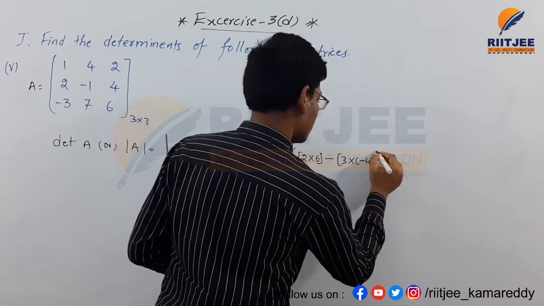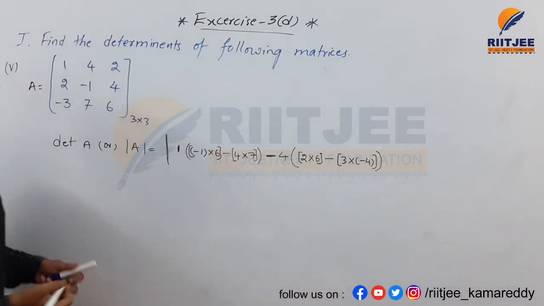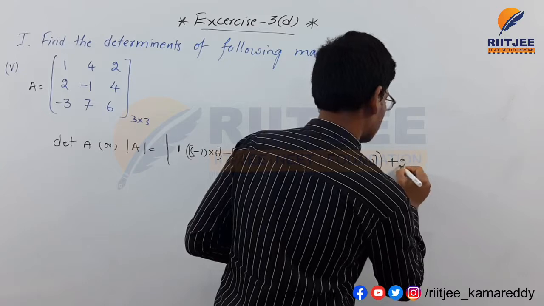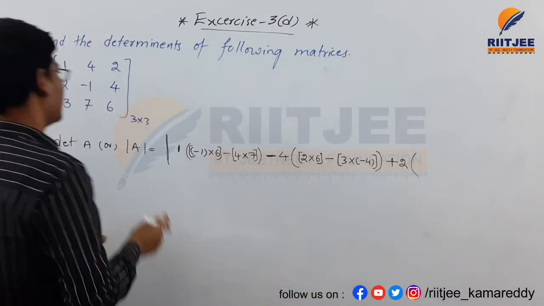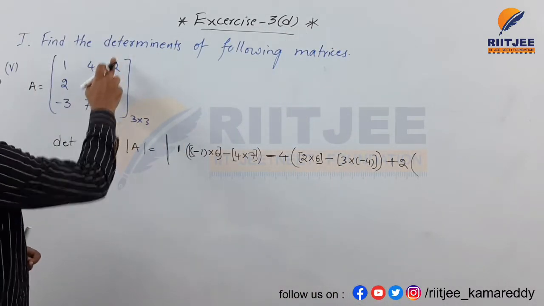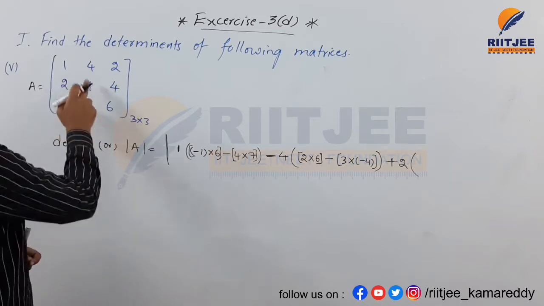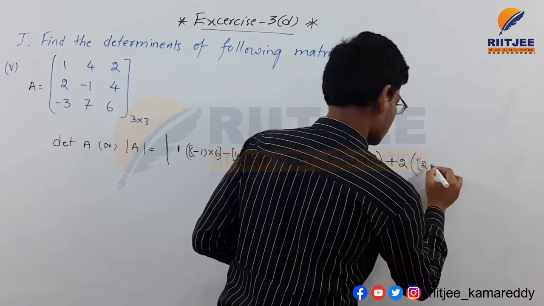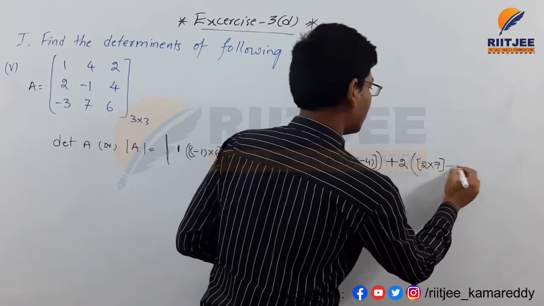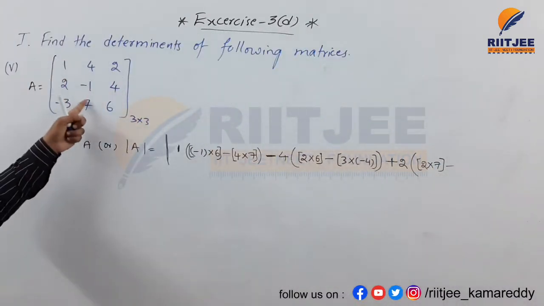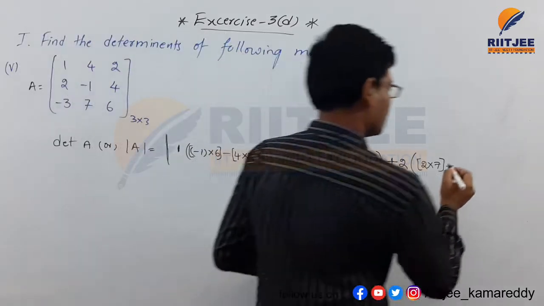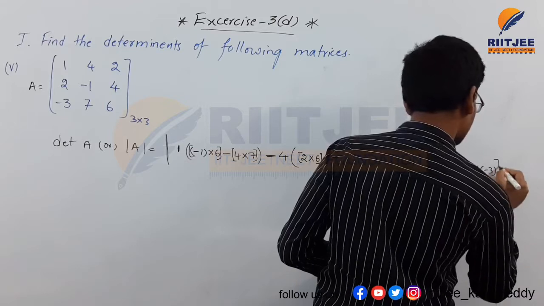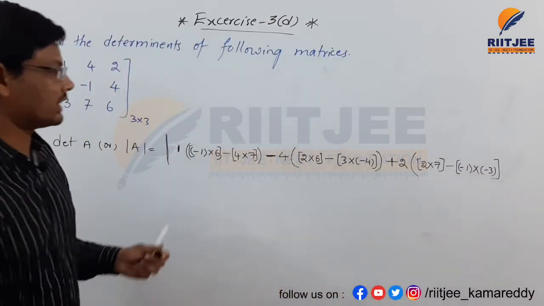Here the bracket is closed, and the final one A13: 2 into, eliminate the row and column which is having 2 here and find the determinant, (2 into 7, minus 1 into minus 3), and let's solve this expression finally.